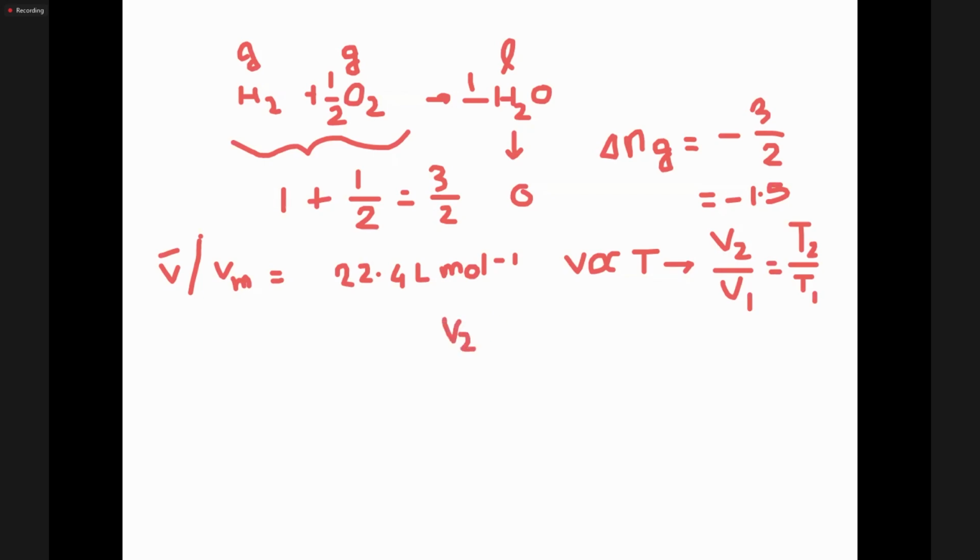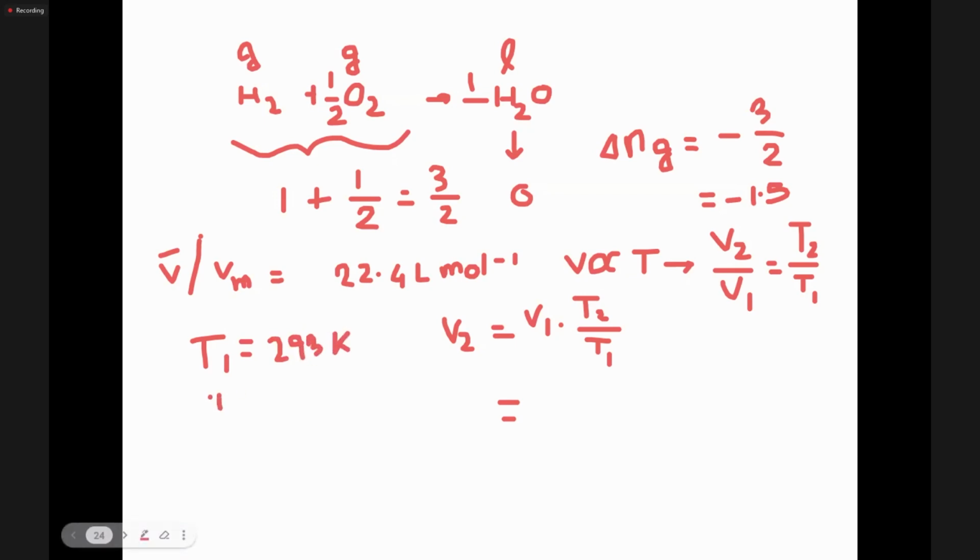So V2 will be V1 into T2 by T1. Here T1 is at 20 degrees Celsius, but since T is presented in Kelvin, we will treat it as 293 Kelvin.